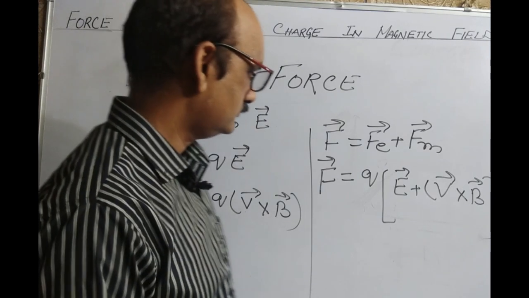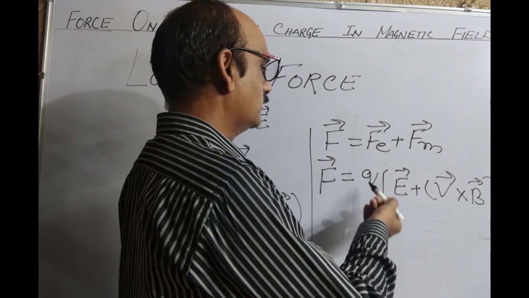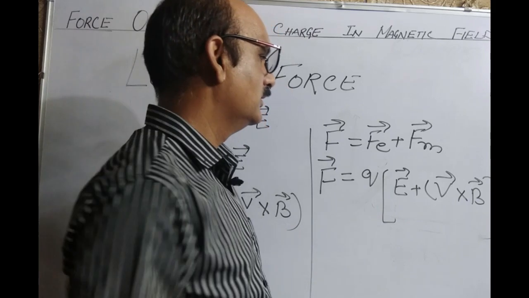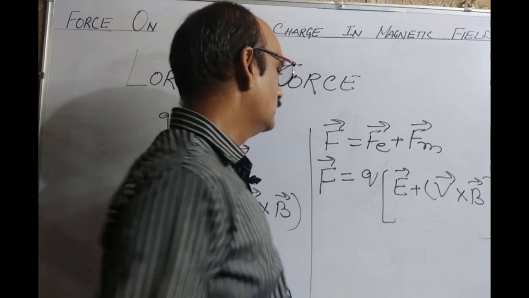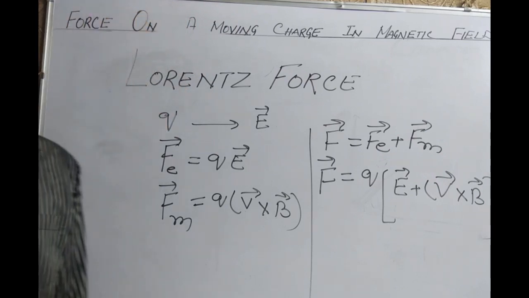Right? When E equals 0, F equals Q V cross B, and if B equals 0, F equals Q E. ठीक है? Thank you.